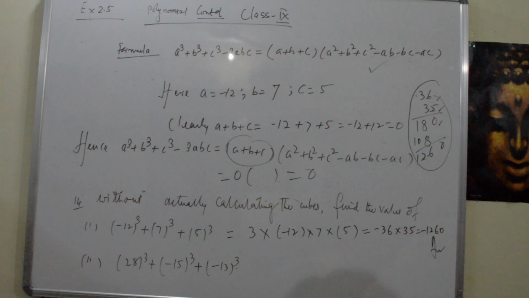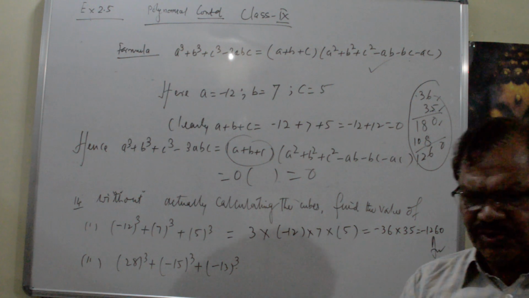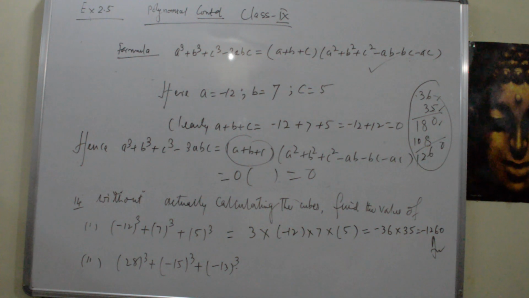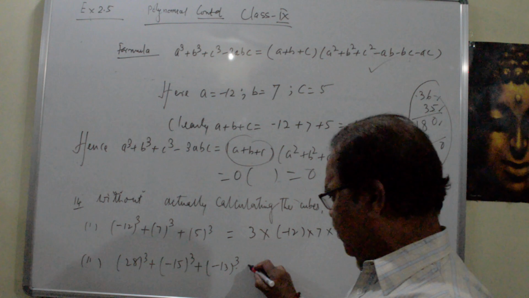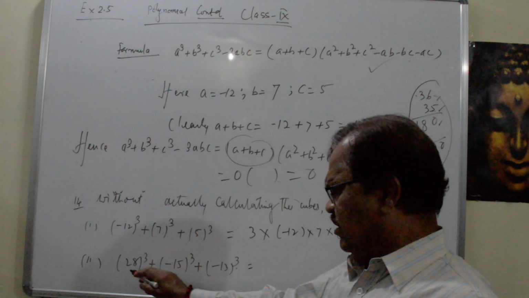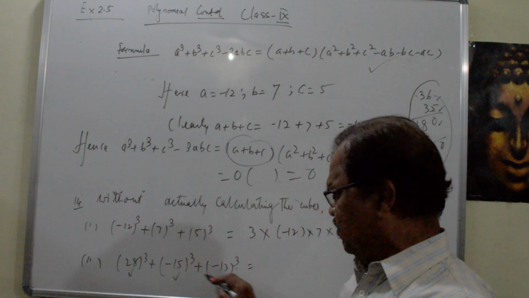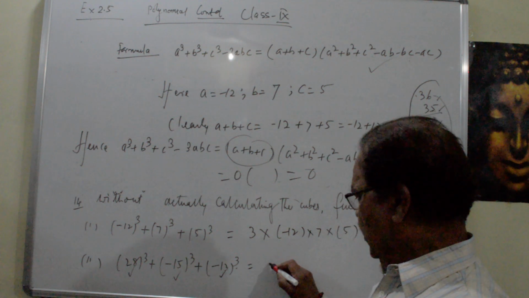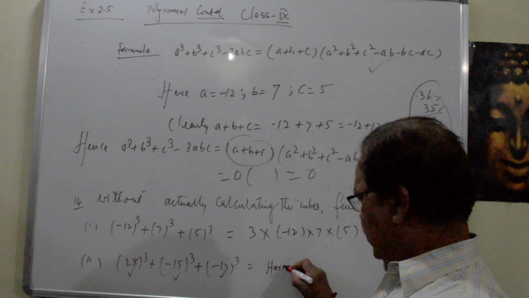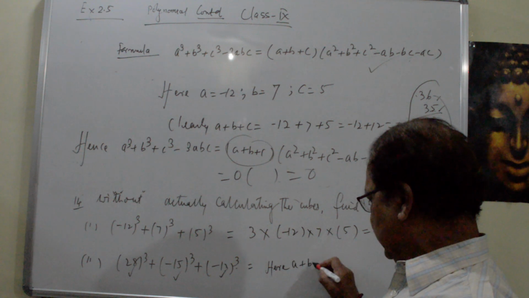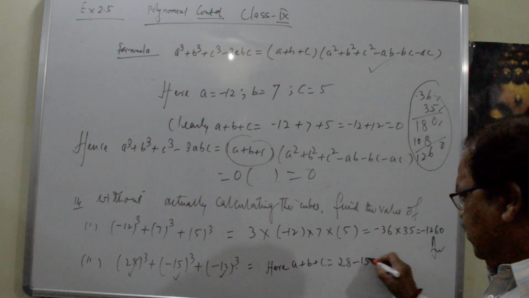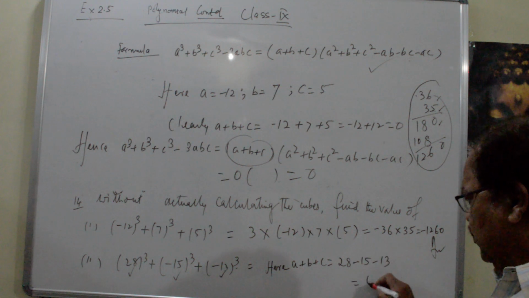You must verify your work again and again so that we can get the actual result without any error. Similarly, apply the second part. Here a is 28, b is minus 15 and c is minus 13. Apply the same technique here. Here also a plus b plus c is equal to 28 minus 15 minus 13, finally 0.